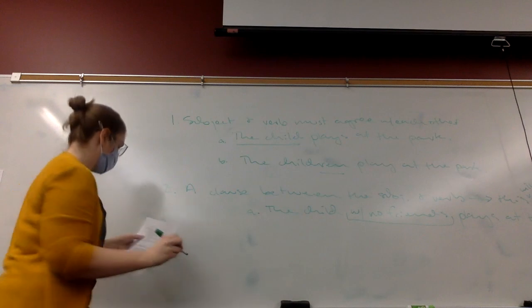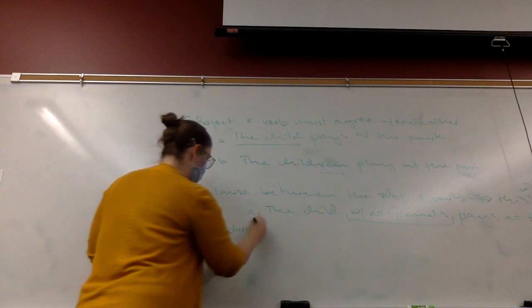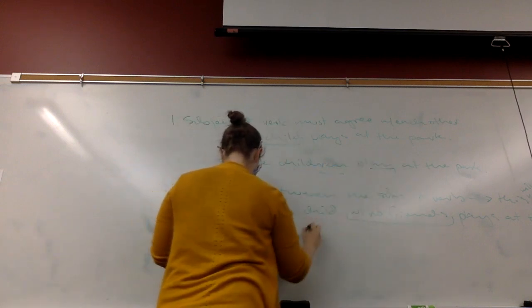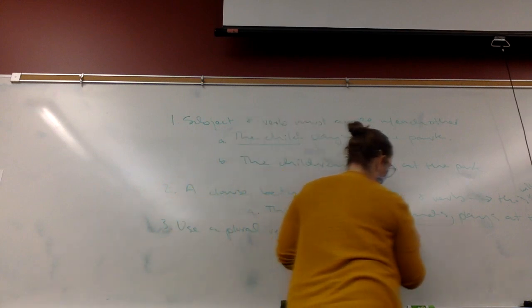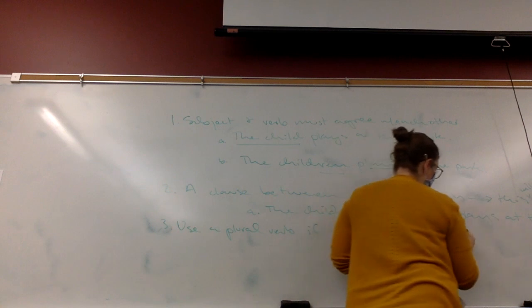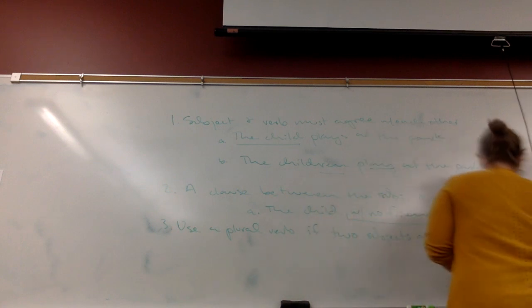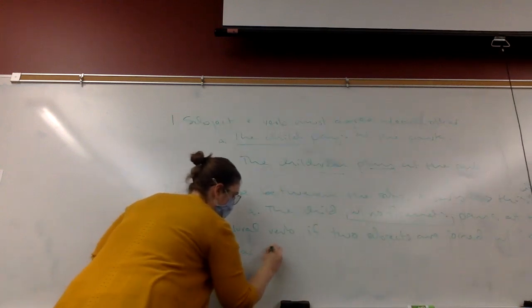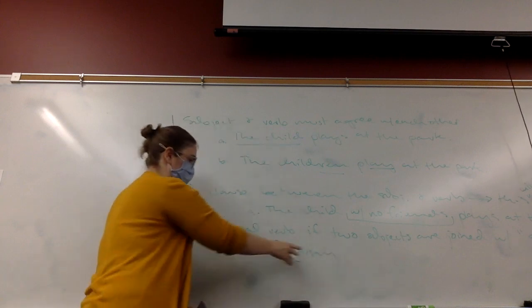All right. Rule number three, you use a plural verb if two subjects are joined with and. So like Max and Susan, and now it's not just one person, it's two, even though it's 1 + 1, right?